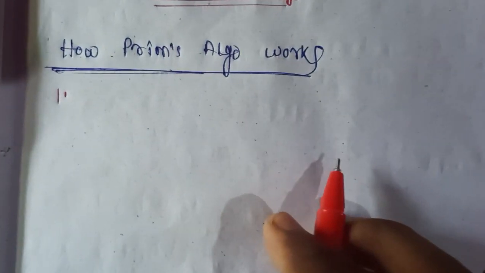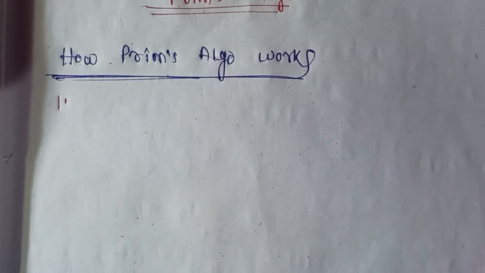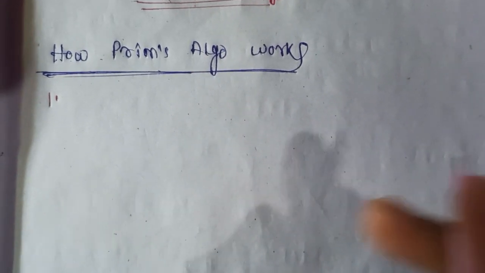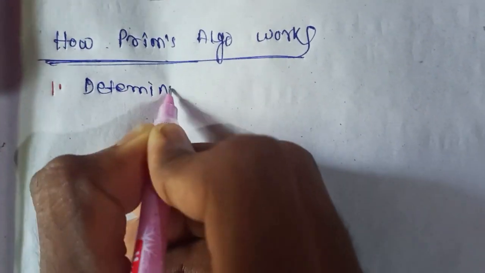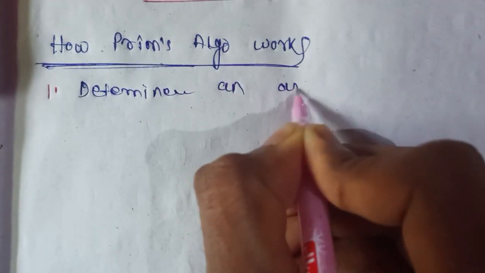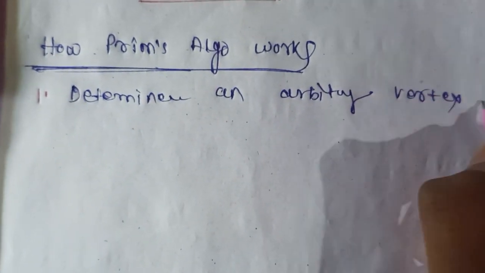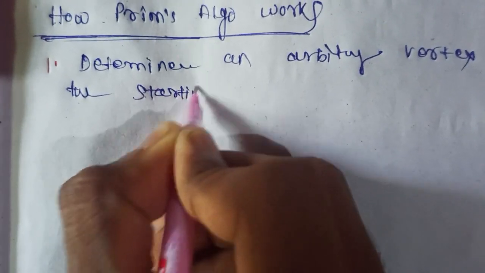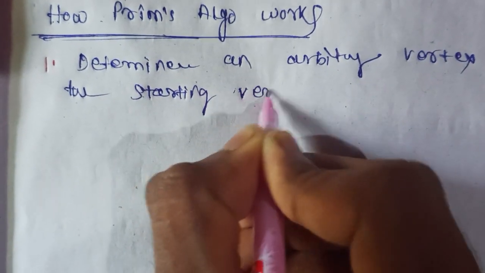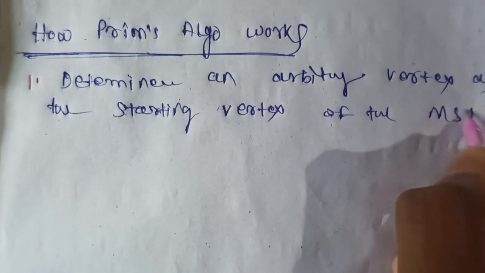Step number 1: determine an arbitrary vertex as the starting vertex of the MST, the minimum spanning tree.